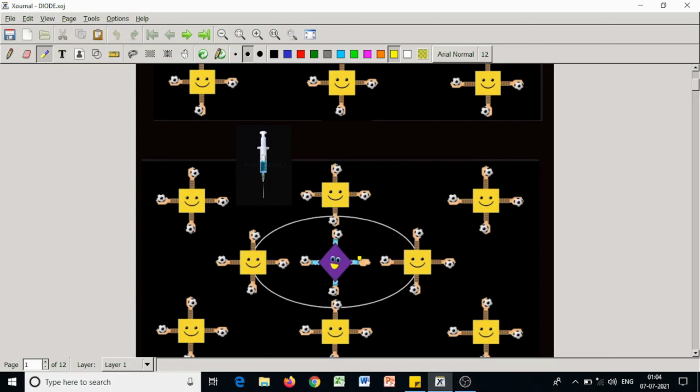When an electron from a neighboring atom comes to this position of the hole and fills the hole, a new hole is created at that neighboring atom.